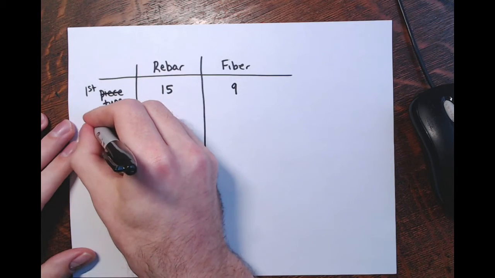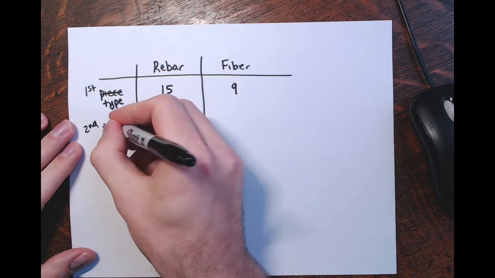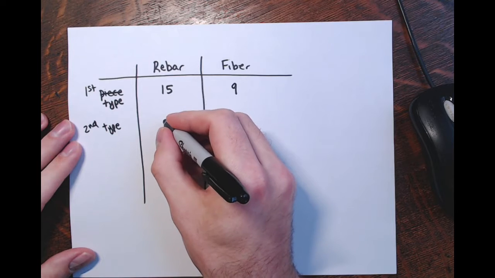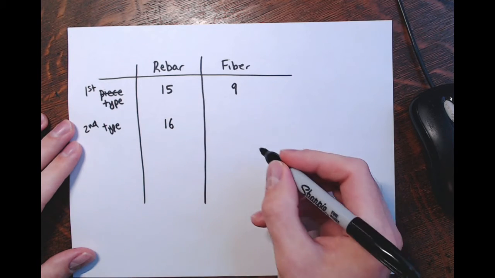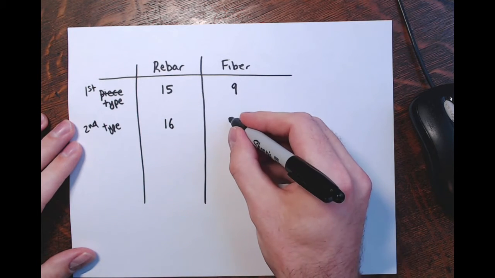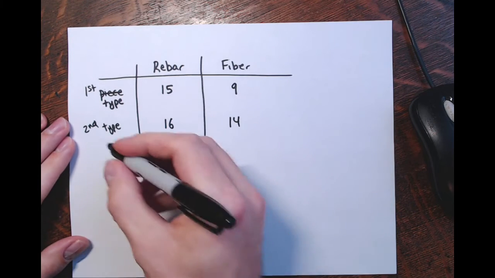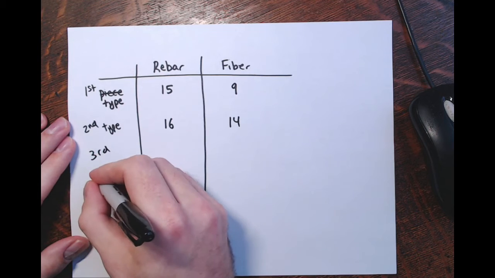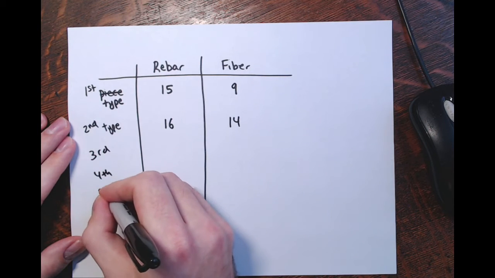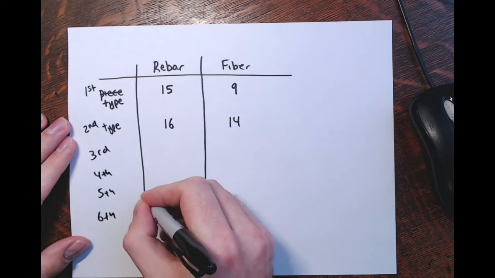And then the second type of concrete, the second size, under some stress takes 16 minutes to crack when made with rebar, 14 minutes to crack when made with fiber. All right, then you got the third type, the fourth type, the fifth type, and the sixth type.